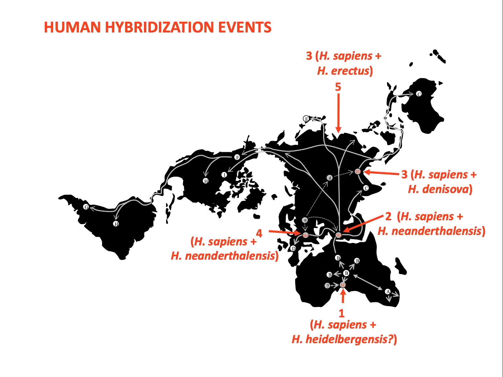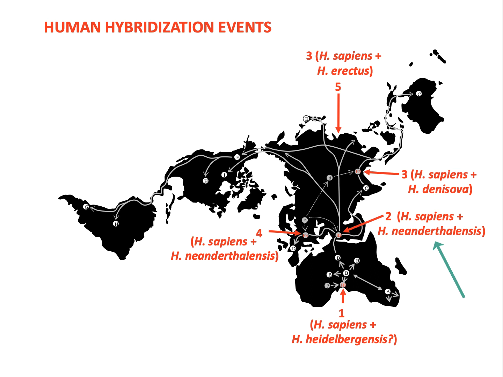So here's another diagram of some of those hybridization events. We know that there was a lot of mixing among different groups of humans in Africa early on, including some down in South Africa. And then there was a hybridization event here between Homo sapiens and some other Homo species, possibly Heidelbergensis, possibly Erectus, possibly Neanderthalensis. It's unknown at this point where those alleles came from.